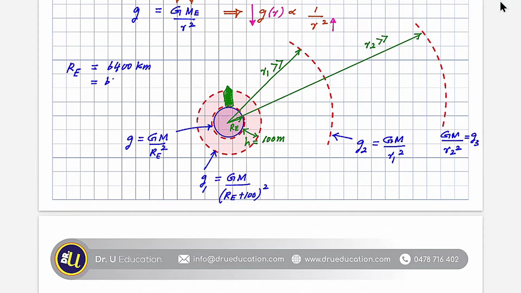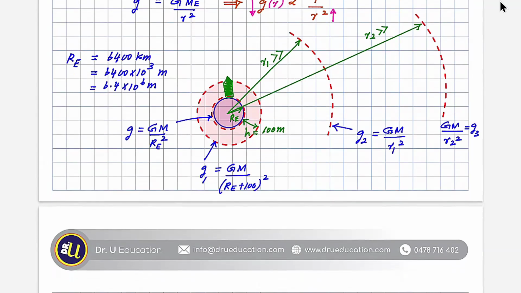That would be 6,400 times 10 to the power 3 meters, isn't it? So now this is nothing but 6.4 times 10 to the power 6 meters. Very big.